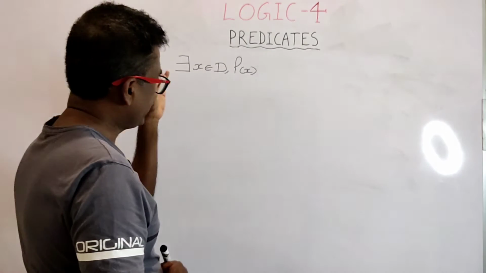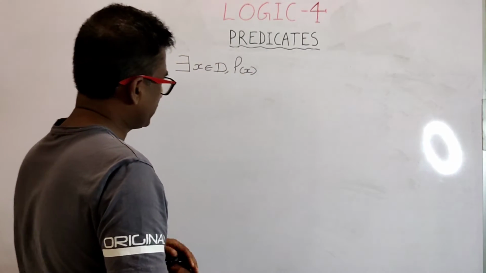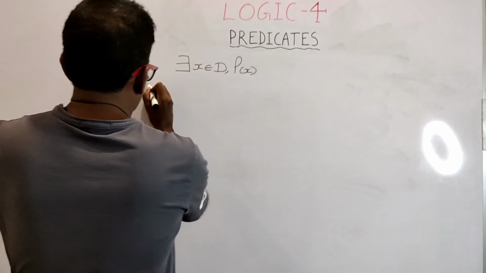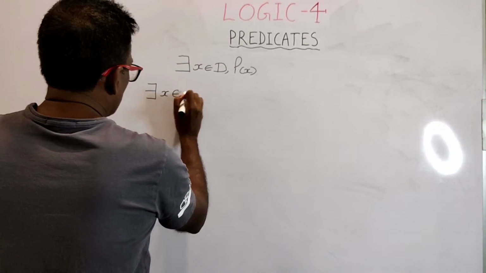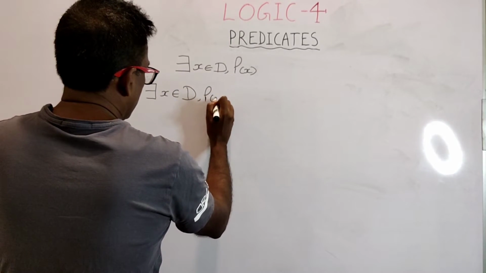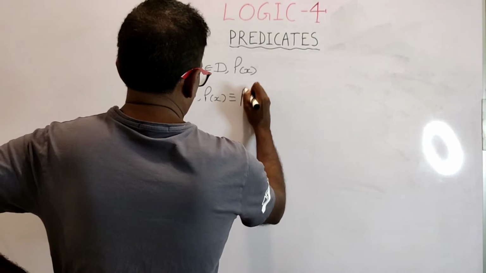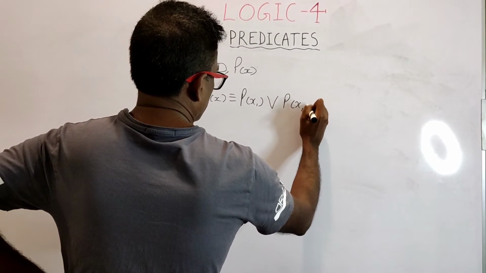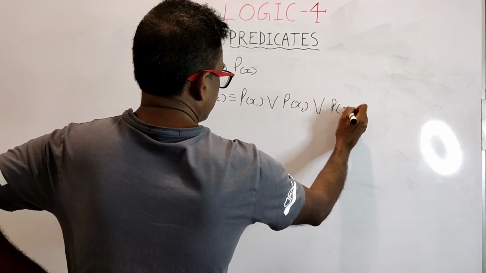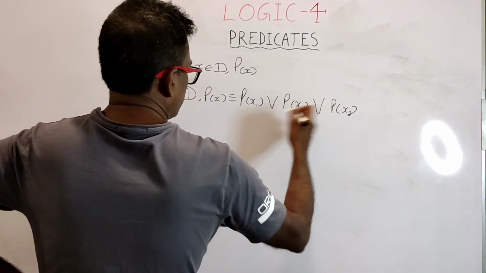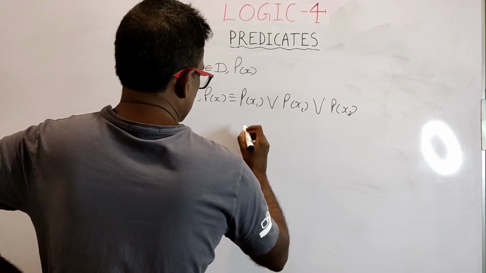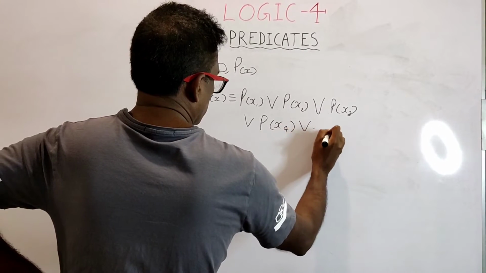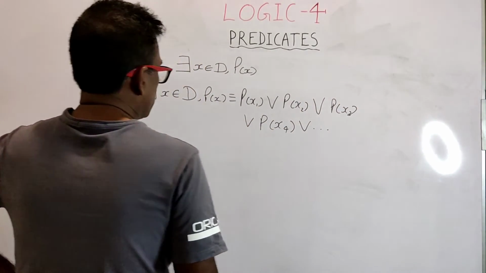For this to be true, then P of x1 or P of x2 or P of x3, can you see we are using the disjunction instead of the conjunction, or P of x4, and so on for all the other elements.